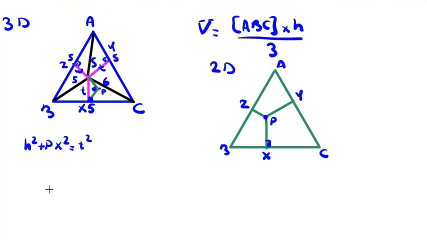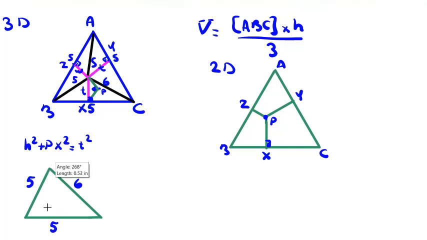Let me show you how you can find T. I consider this triangle DBC, with sides 5, 5, and 6, and I want to find T, the height to the side of length 5.